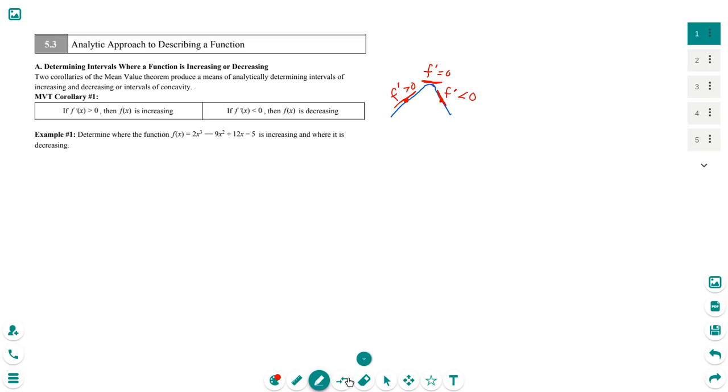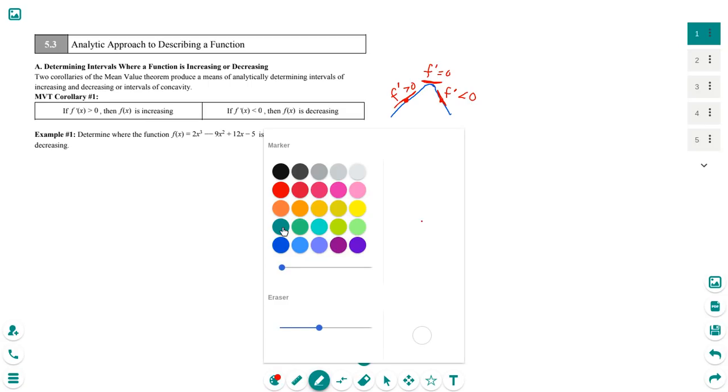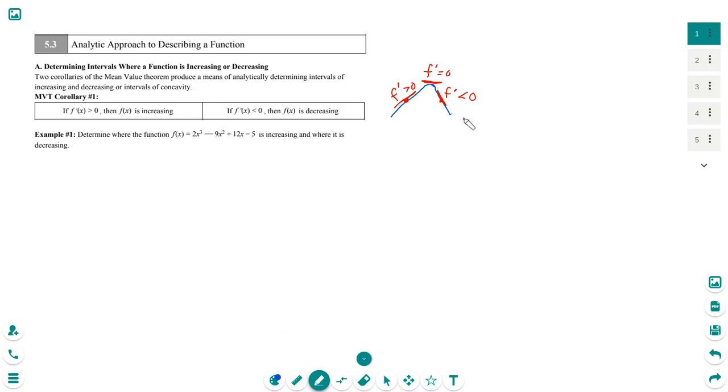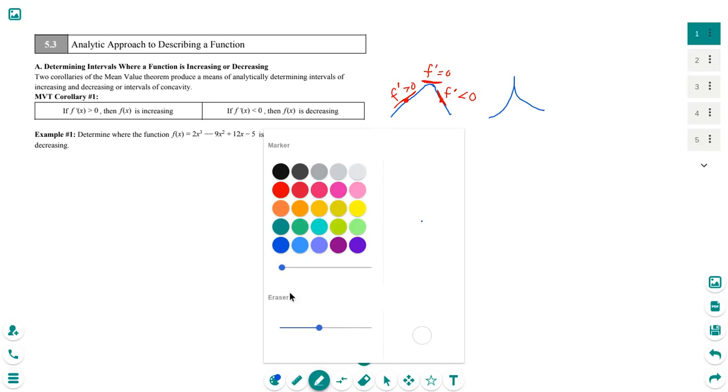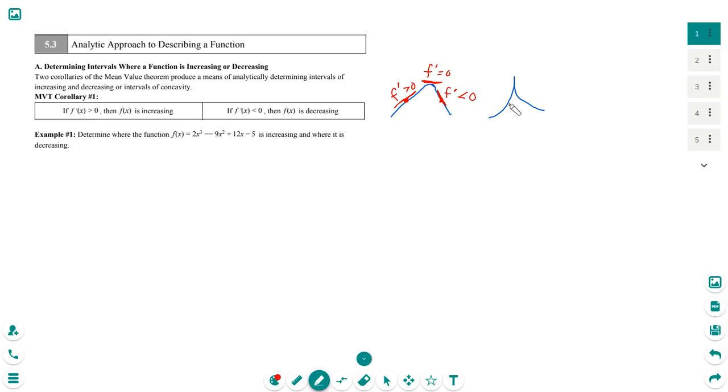And then similarly, another place that will differentiate positive and negative would be if I had a curve that looks something like this. We all recognize that as a cusp, right? Well, obviously, if I draw a tangent slope on the left side of the curve, that looks like it's positive, so f prime is positive there.